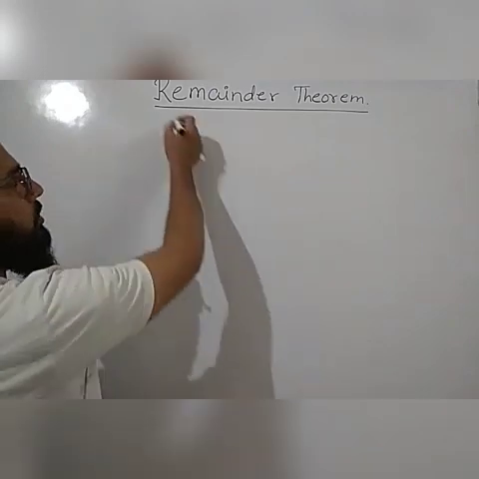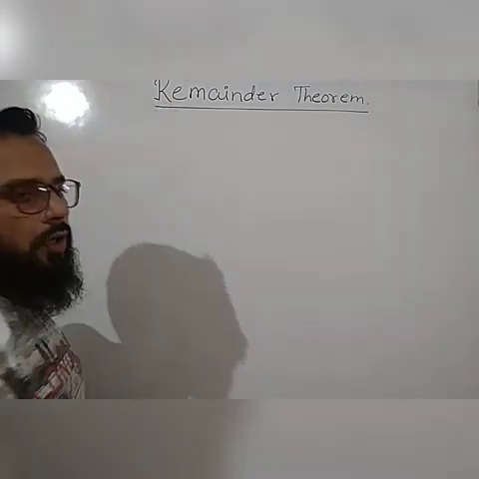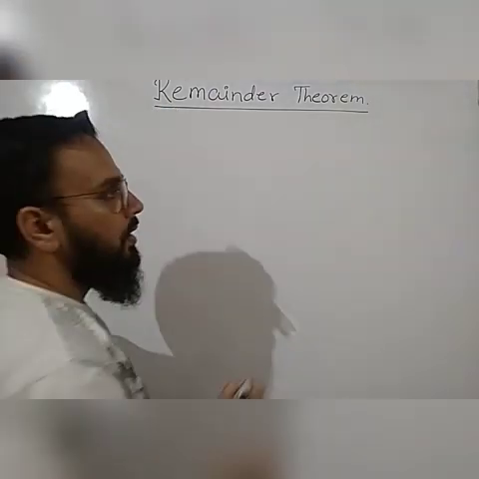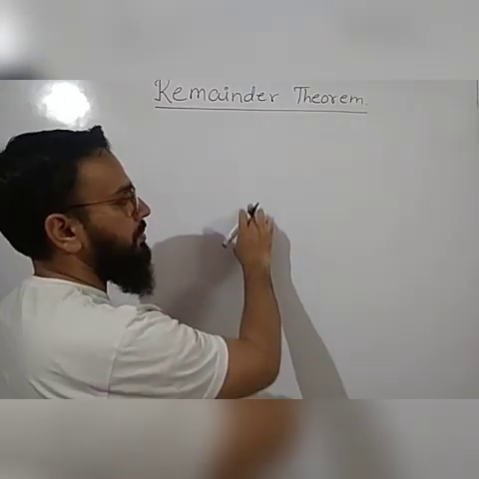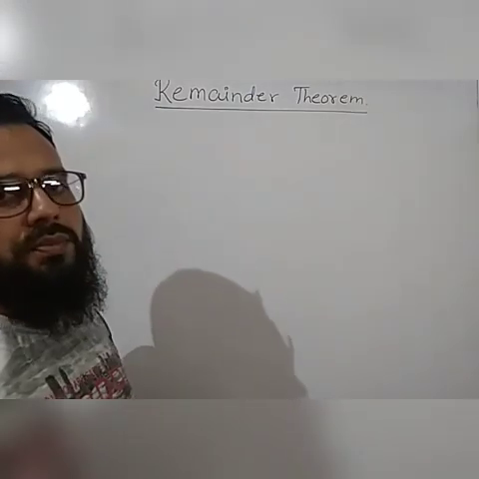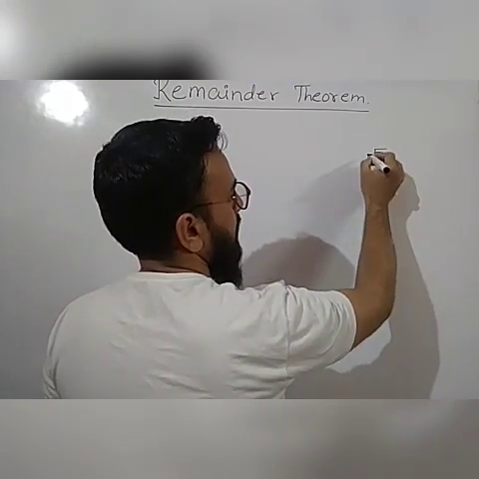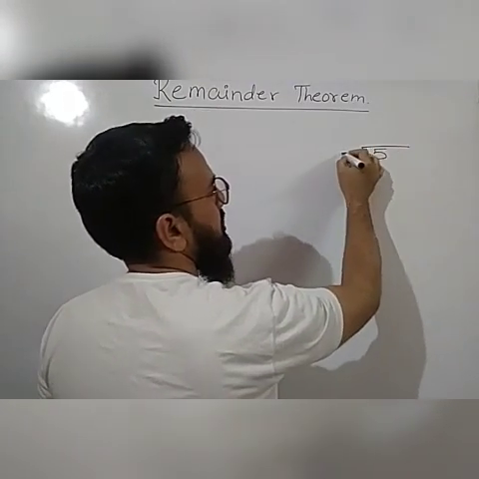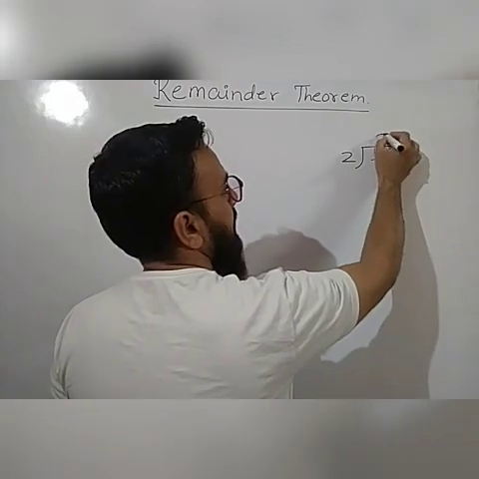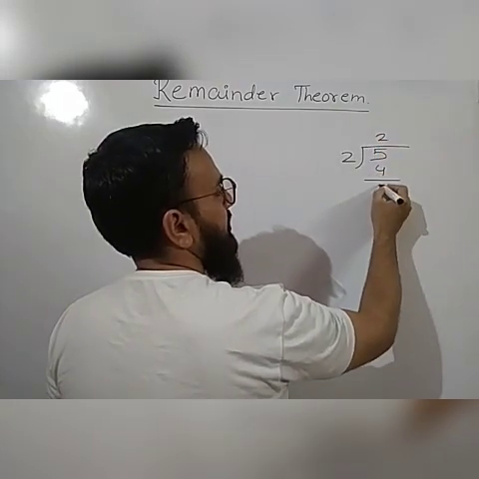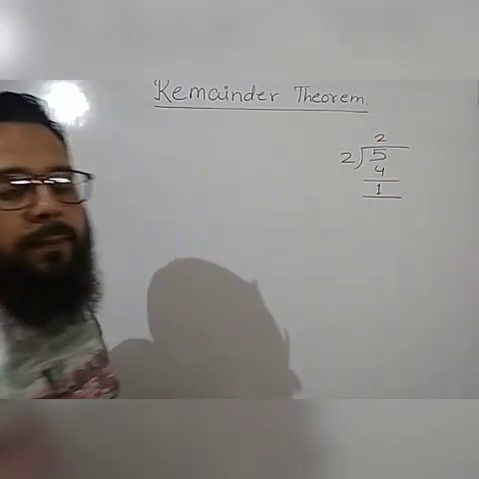So you know about the remainder, you all know about division. Whenever, in case of an algebraic expression or in case of the simple number system, we divide a number, suppose 5 is divided by 2, then 2 twos are 4 and we get 1 as the remainder.